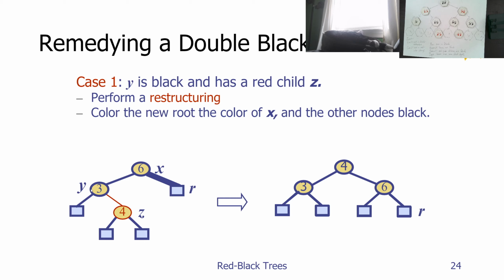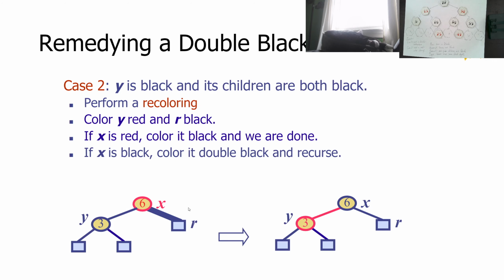So we'd rotate 4 to the left and then 4 to the right to get this. This allows us to pull up the red node so that we can change its color to black and fix our accounting, so that we can use this cheat day to absorb the extra black height that we have over here.